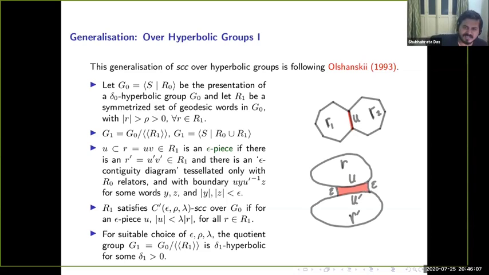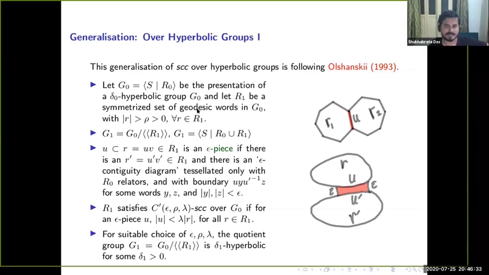So this generalization was by Olshanskii, and Olshanskii was working on small cancellation theory for a long time, and he also constructed the Tarski monster group, and he extended the small cancellation theory to hyperbolic groups.